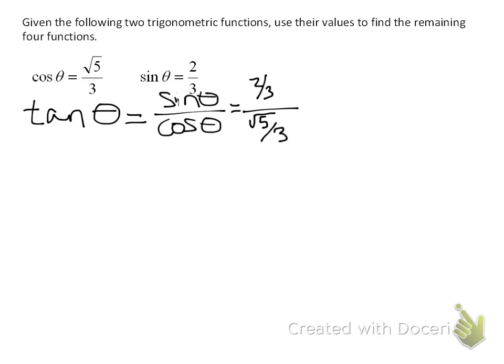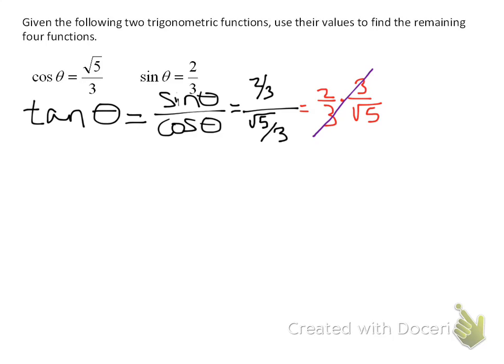You don't have to go quite that far into it. Okay, we can multiply by the reciprocal. We can do keep, change, flip. And if we do keep, change, flip, we get 2/3 times 3 over the square root of 5. Now, what do you notice happens right now? The 3's cancel.